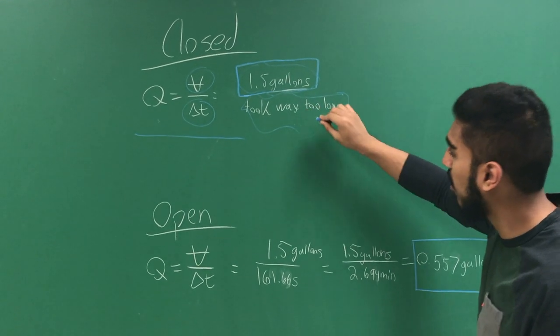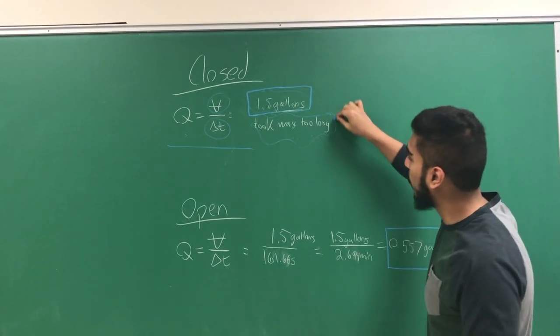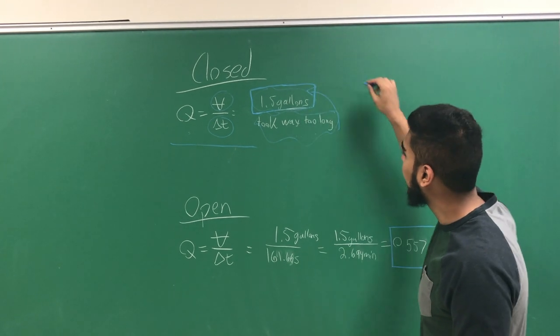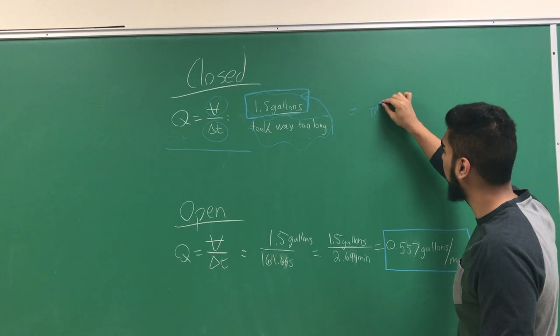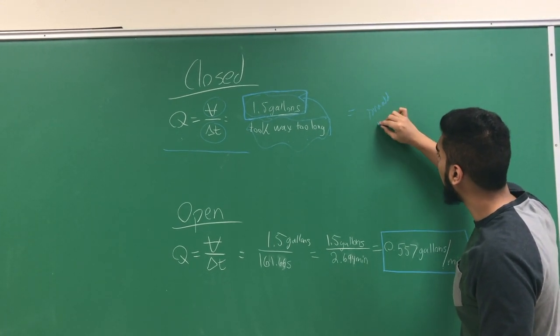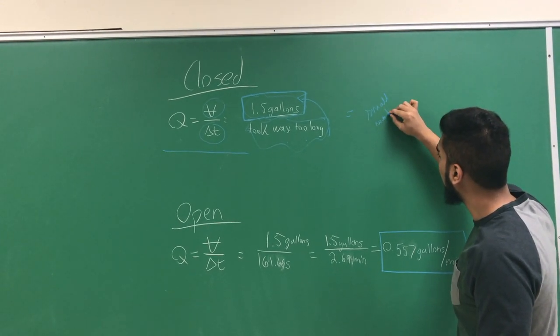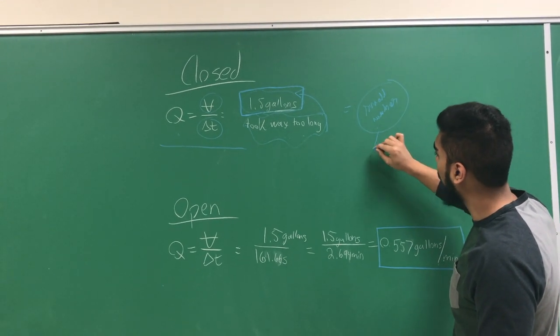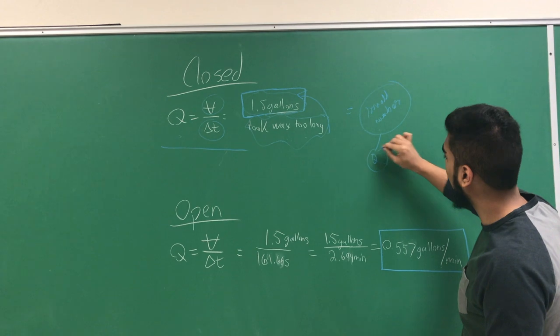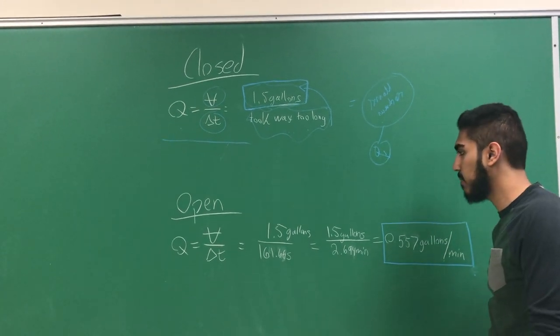But since the denominator is way greater than the numerator, this value will come out to be a small number. This small number is the flow rate for the closed part of the experiment.